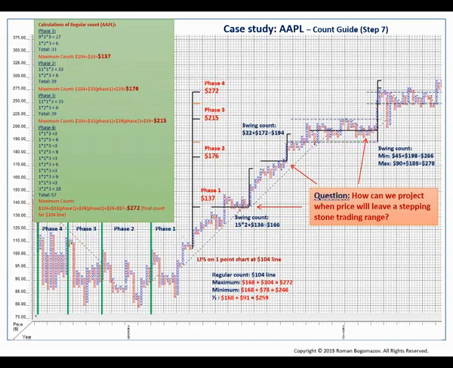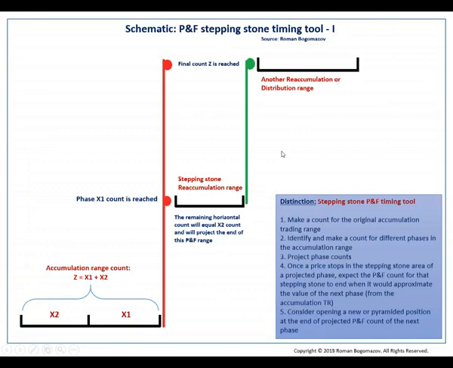Let's just quickly go to the next slide. This is a hypothetical example right here. Let's imagine that we have a trading range that has 2 phases, X1 and X2. The count for the whole trading range has an objective Z right here. And then phase 1, X1, has a low objective right here.